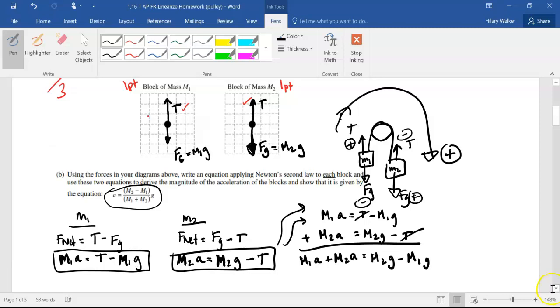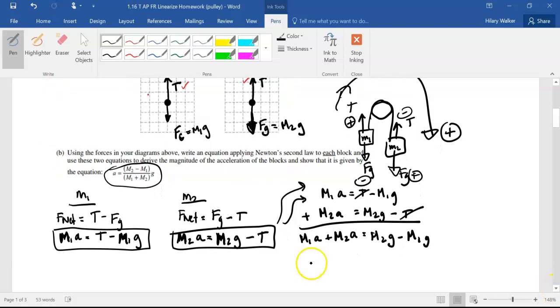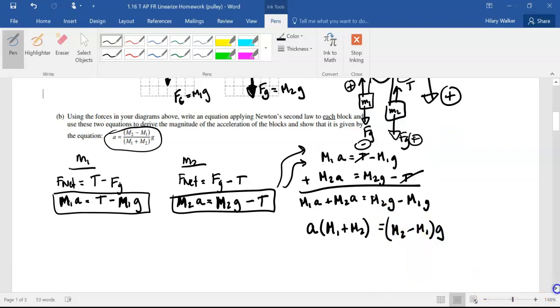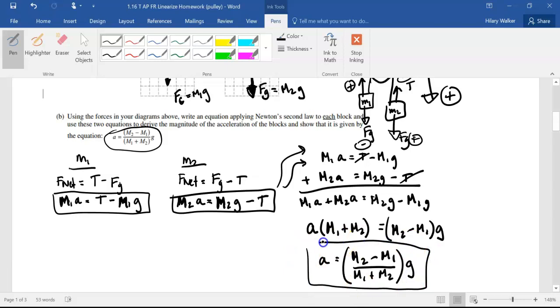Now it looks like we just need to do some factoring. So A times M1 plus M2 equals, and they factor out the G as well, M2 minus M1 times G. And then we just divide by M1 plus M2. So we get A equals M2 minus M1 over M1 plus M2 times G. And there we go, we proved it.